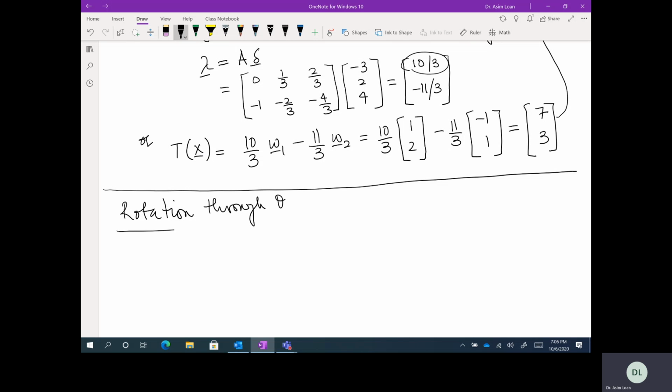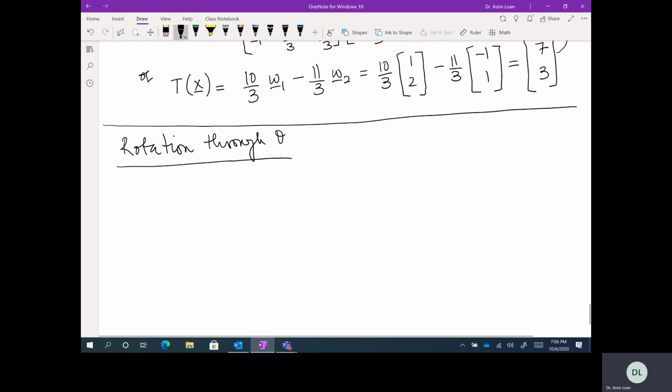Same vector, but now we will have the standard basis for V and W, and everything is two dimensional, so we can easily draw a picture.